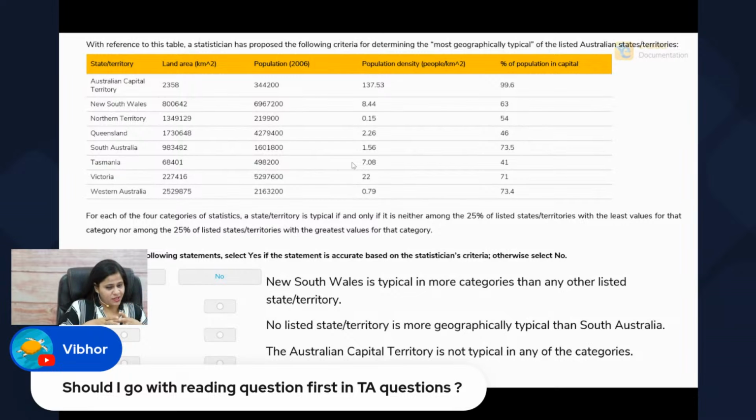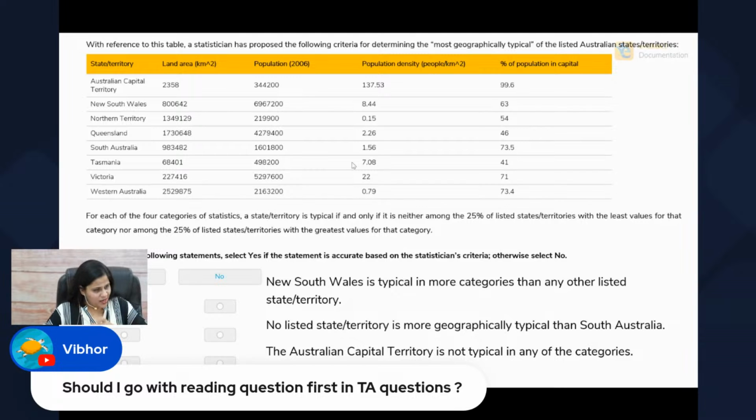We first understood the entire data set, and then we quickly looked at the statements to understand what they are talking about. We didn't spend a whole lot of time interpreting the statements, but we saw real quick: New South Wales is typical in more categories than any other listed category, no listed is more geographically typical, and so on. Everything in these three statements was associated with the definition of more geographically typical.